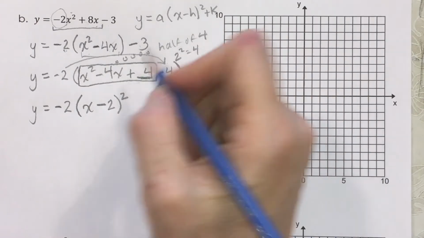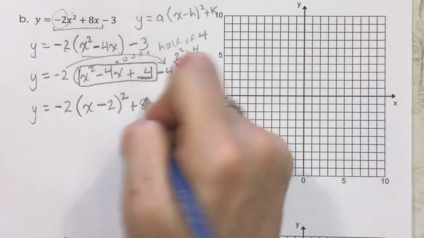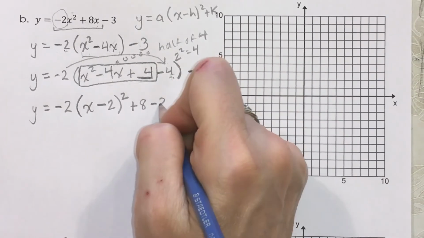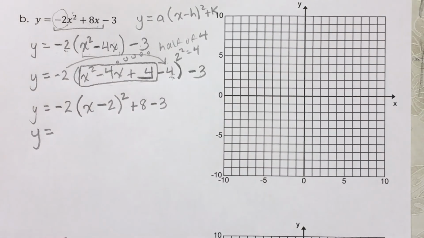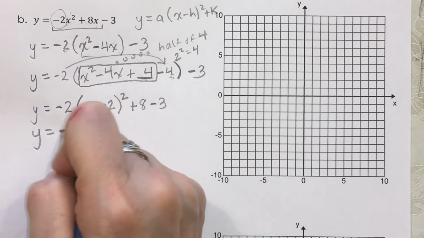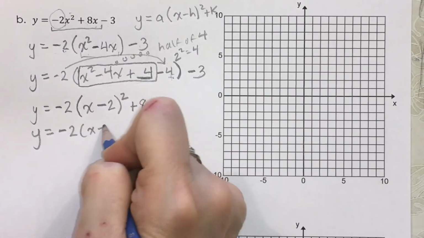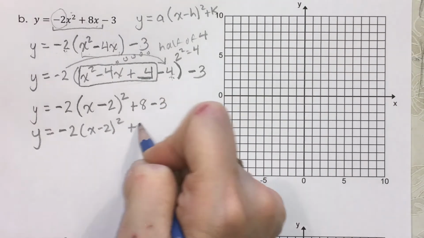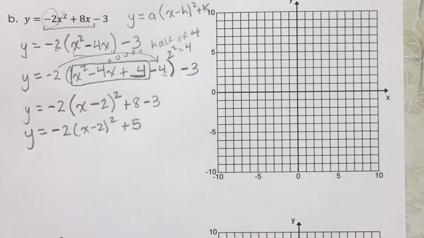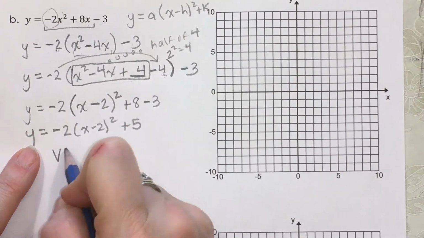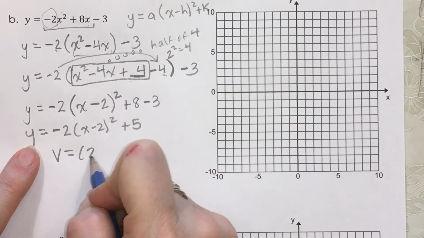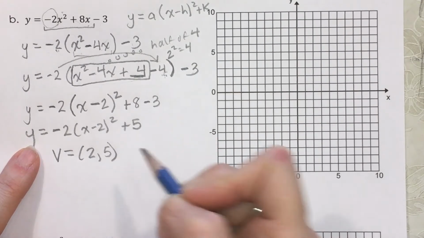So negative 2 times negative 4 is positive 8, but then I still have this minus 3. And then if I just collect those last 2, I've now successfully changed from standard form up here to vertex form down here. So the vertex of this one is going to be at positive 2, positive 5.